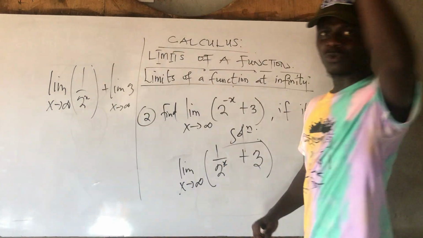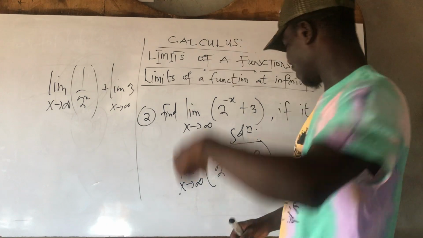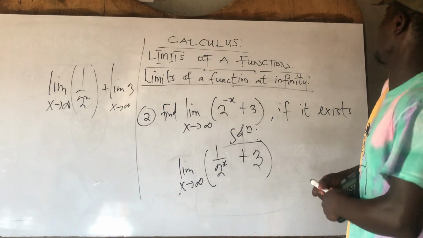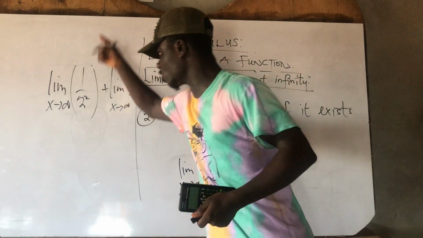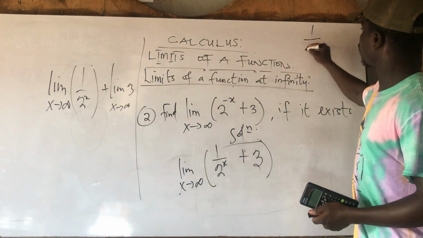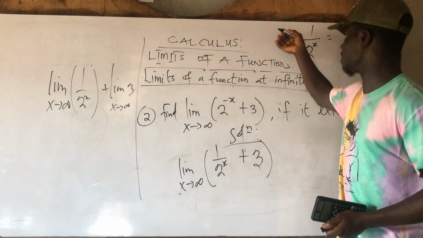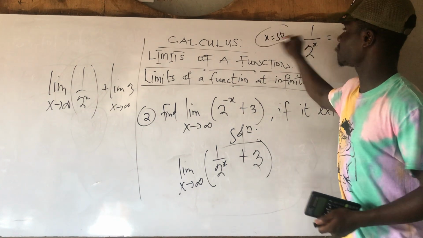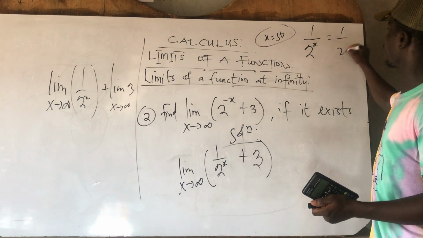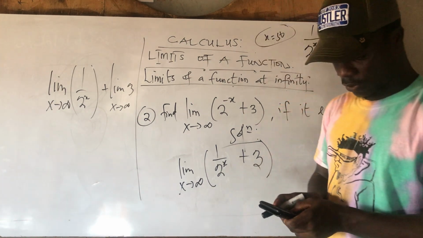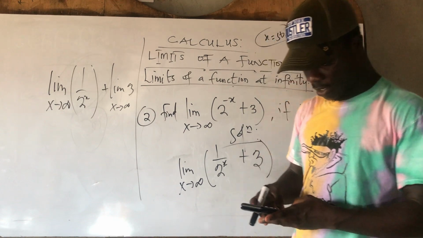The power will be a larger number. So now, take your calculator. Let's punch in, let's say, x to be 50, right? That's a larger number. So 1 on 2 to the power 50.